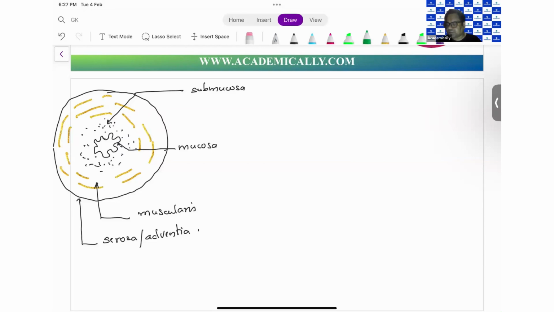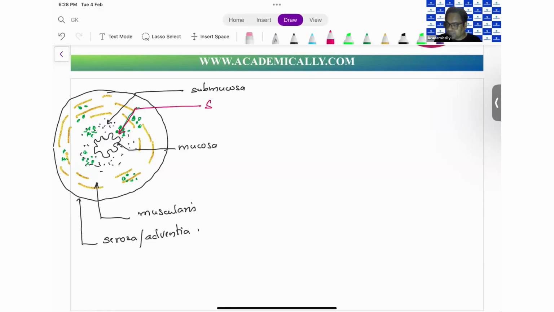All right. Now, there are two types of nervous systems. Okay. Enteric nervous system has two components. There are certain nerve plexuses which are present in the muscle, and there are certain nerve plexuses which are present in the submucosa.